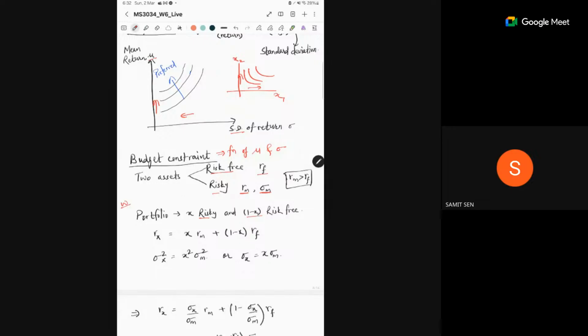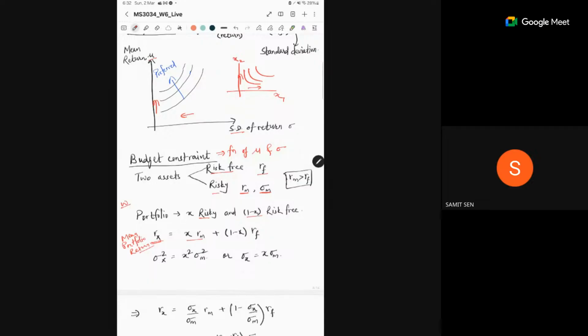Rx is your portfolio return, the mean portfolio return. That would be X times Rm, that is the return on the risky asset, plus 1 minus X times Rf.